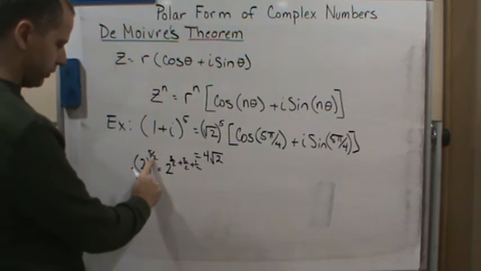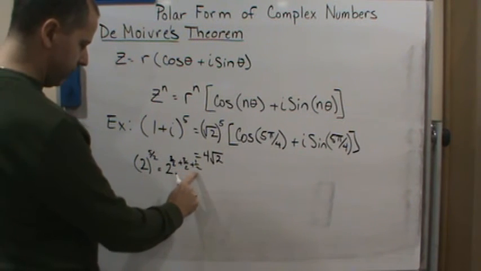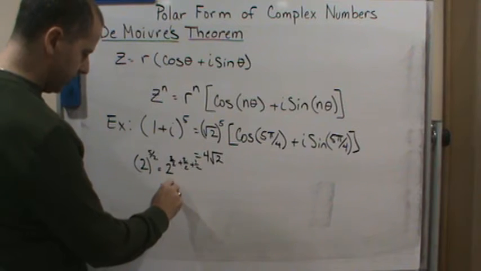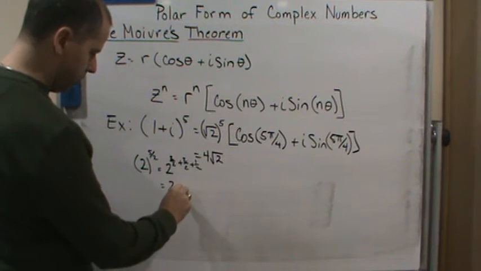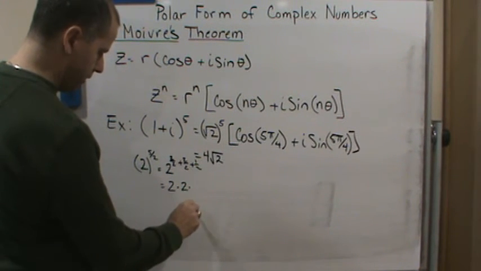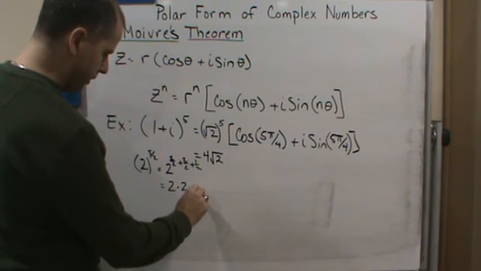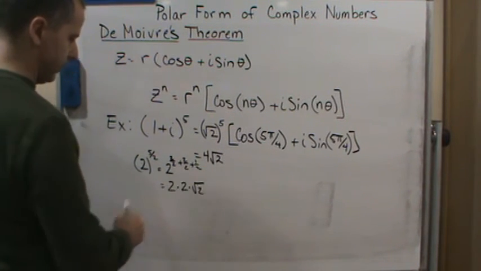I just rewrote the exponent like this. So that's going to be 2 times 2 times square root of 2. And that's what I get here.